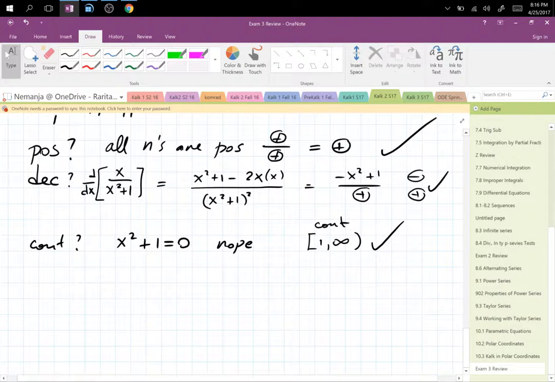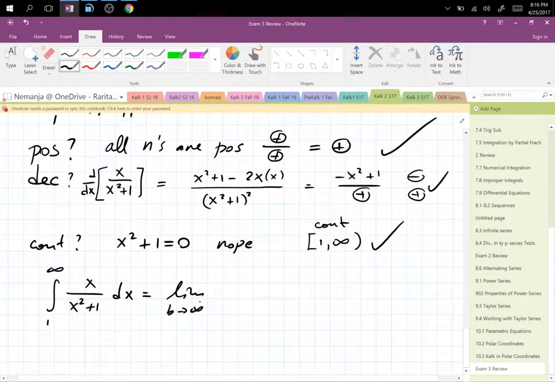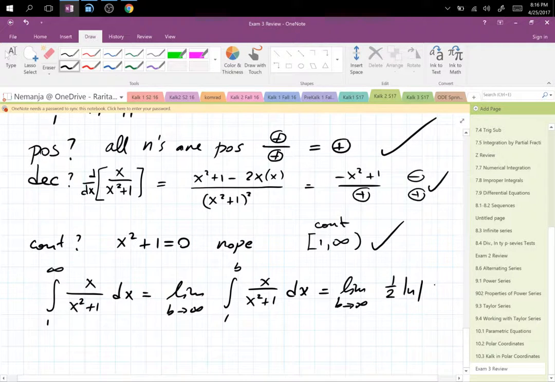And then we go immediately into the integral test, from 1 to infinity of x over x squared plus 1 dx, which is the limit as b goes to infinity of the integral from 1 to b of x over x squared plus 1 dx. You use u-sub, so we clearly get 1/2 ln of x squared plus 1, which blows up.